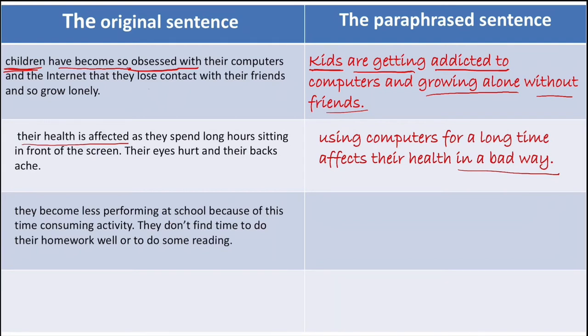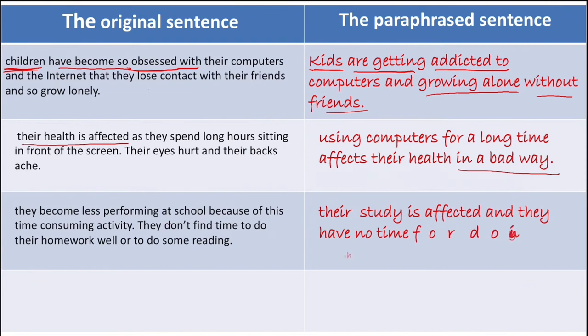In other words, we changed them into our own words and style. All right, so what can we do here about this one? Yes, there are a lot to change. So look at this. Their study is affected and they have no time for doing homework.